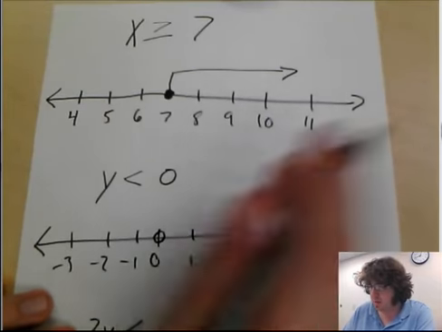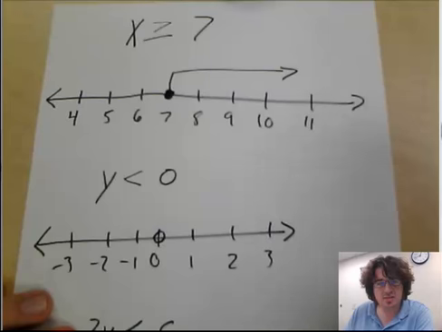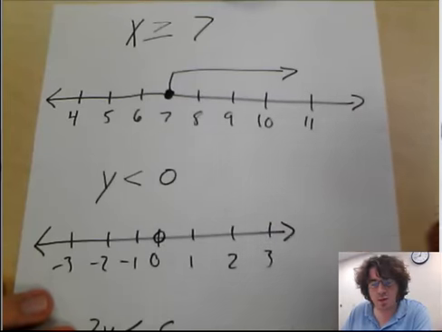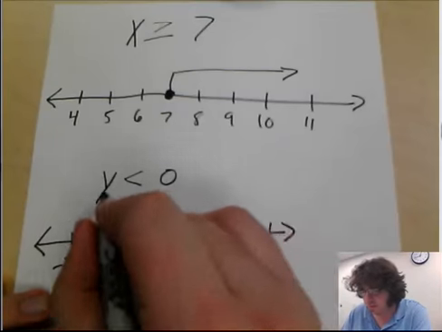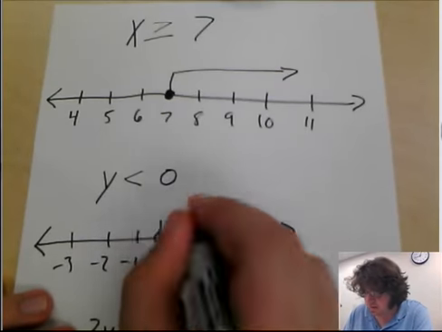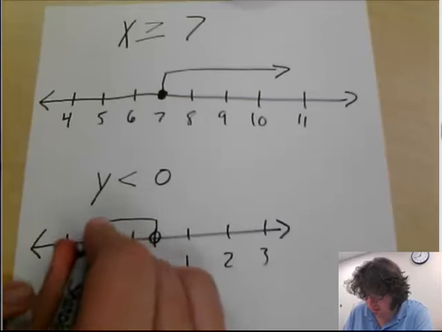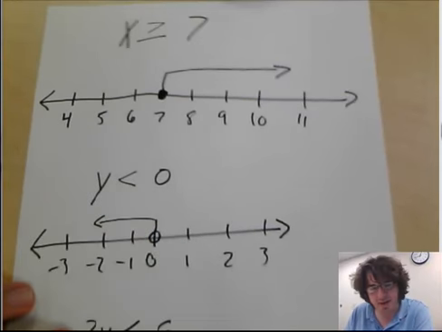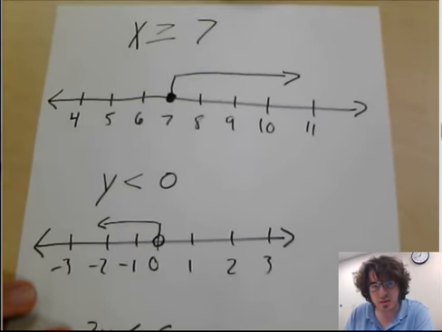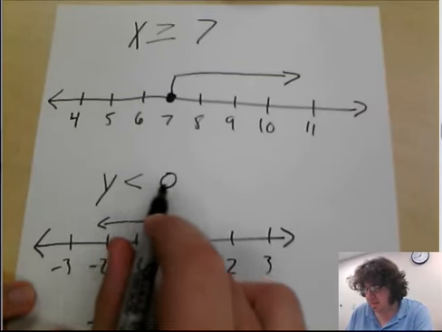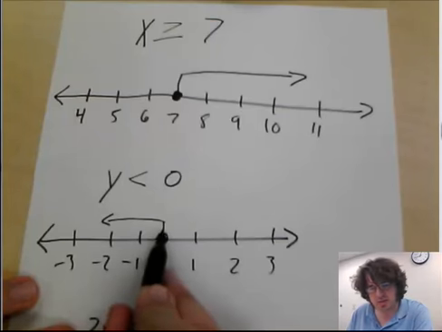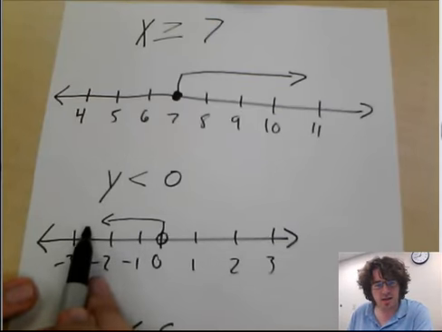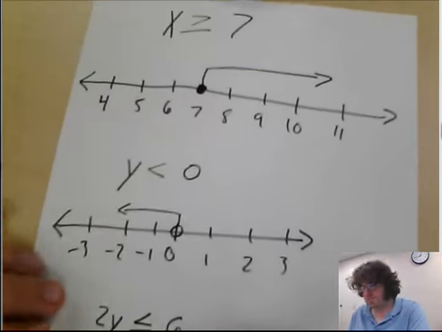And now here, 0 is bigger than, because the alligator wants to go for the 0, than Y. So Y is a smaller number than that. And our smaller numbers here are all negative because it's less than 0. So Y is less than 0 is represented by this. An open circle on 0, and then all the numbers less than that.